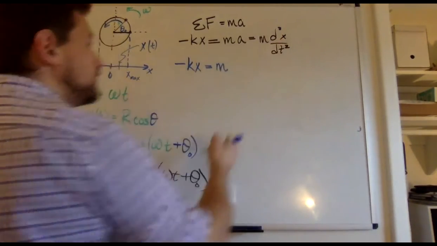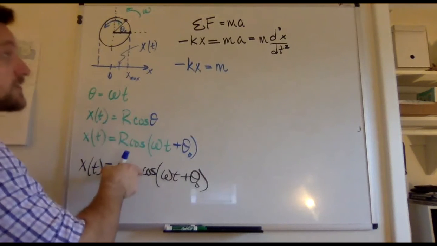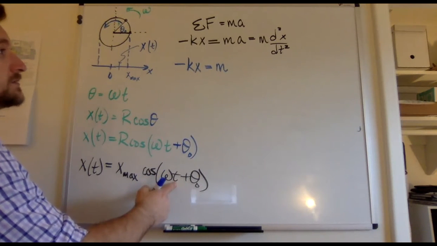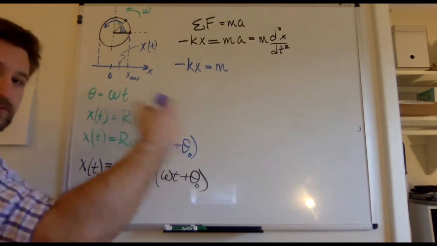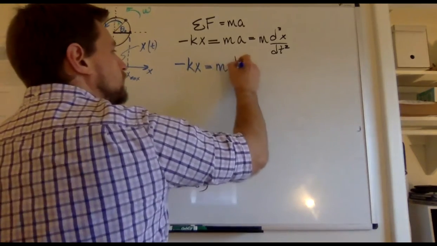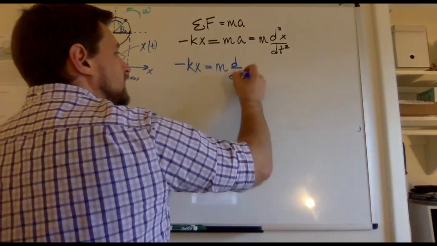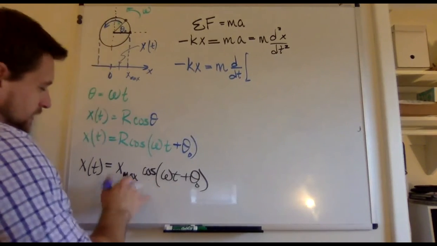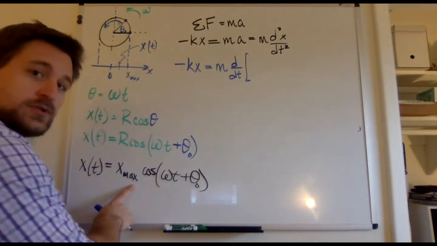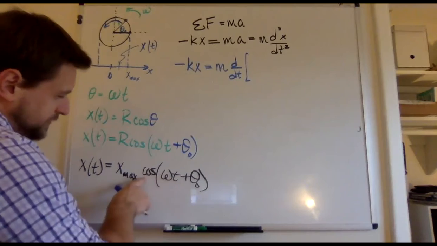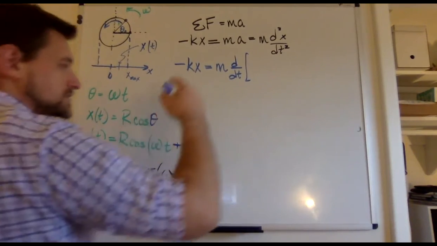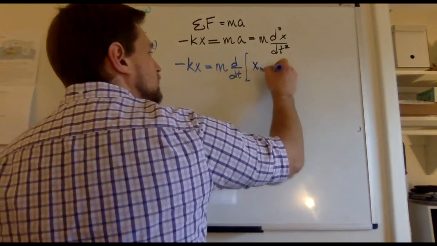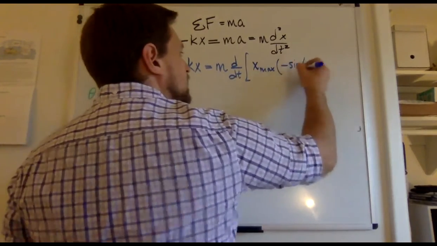Let's take two derivatives of this with respect to time. All right. Well, let's do this in order. We'll take one derivative and then leave one derivative to take still. So if we take a derivative of this, now x max is just a coefficient. So we need the derivative of cosine, which is negative sine, x max, negative sine.